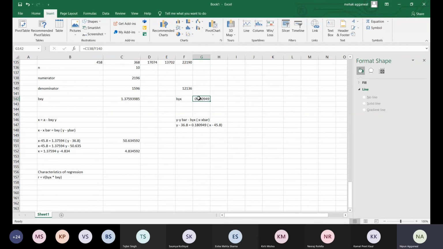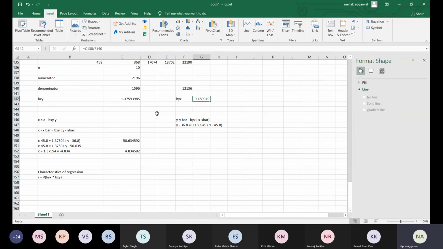And there can be multiple regression and linear regression.